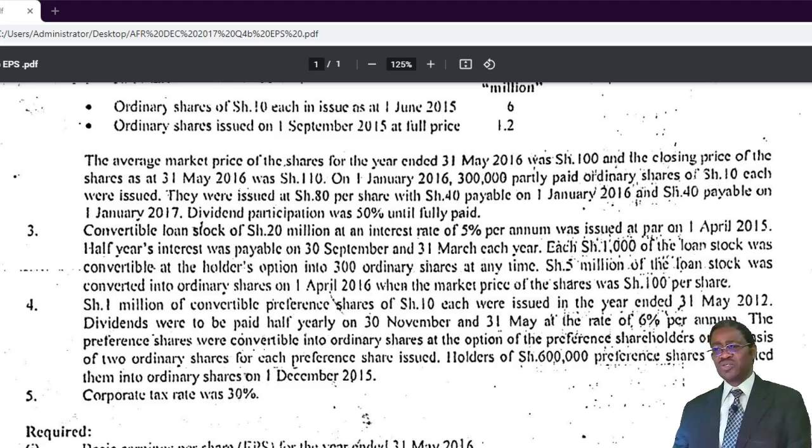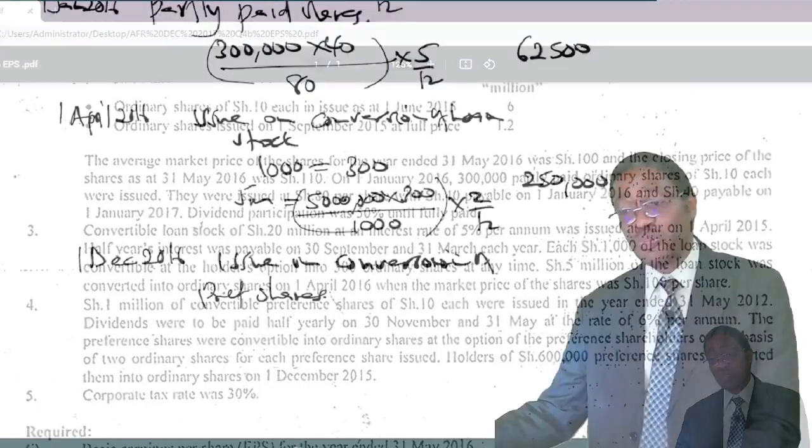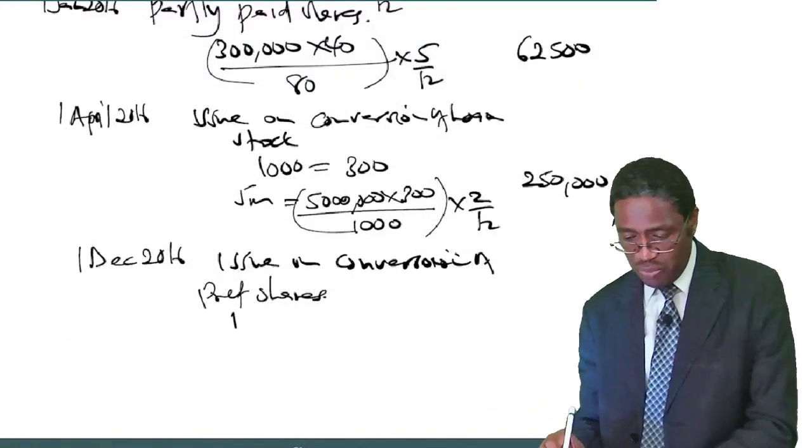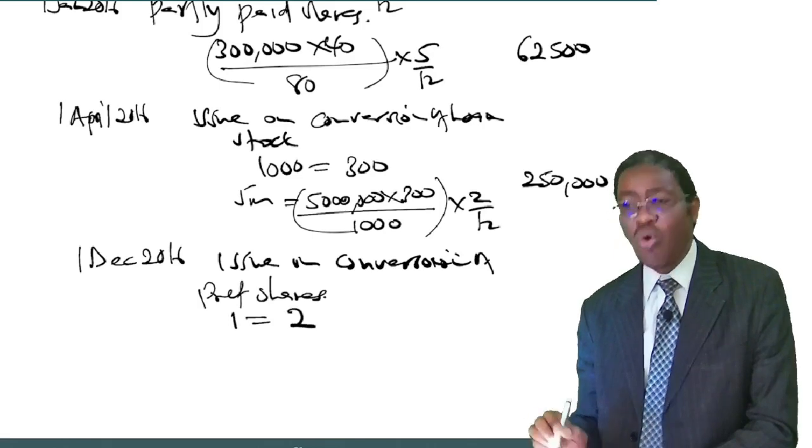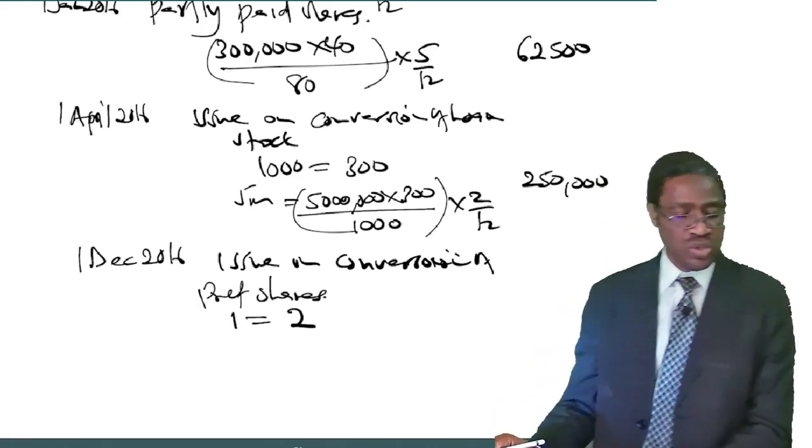So for every 1 preference share you have, as a preference shareholder, you can get 2 ordinary.